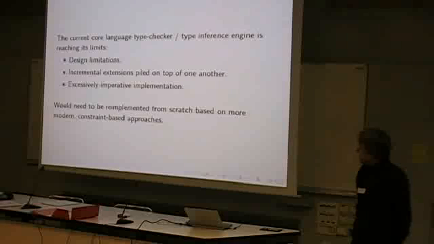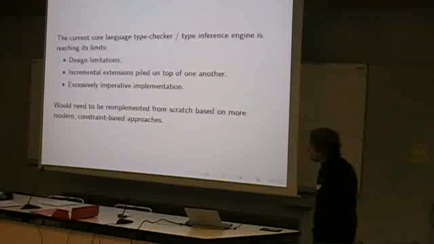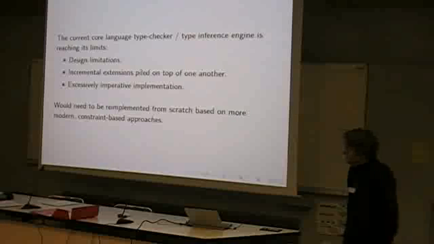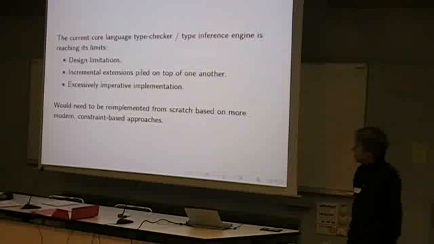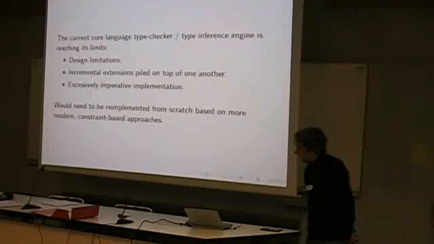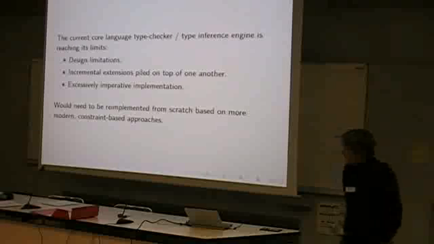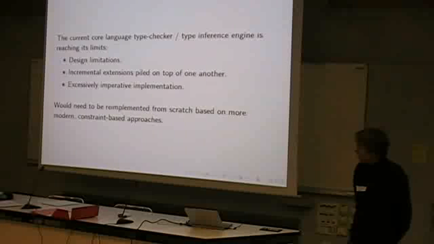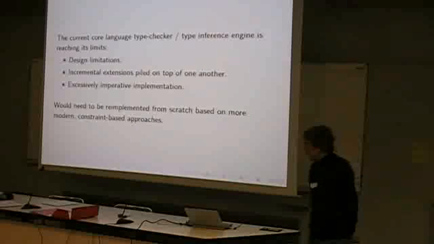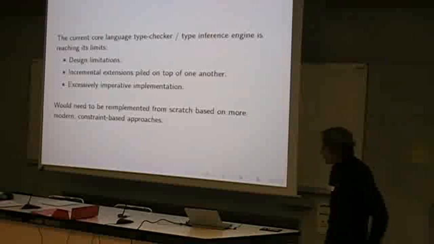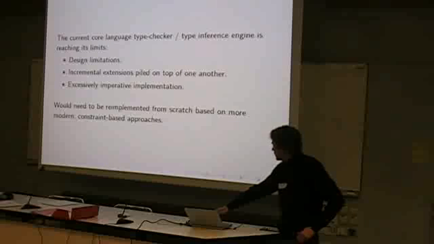So I believe that before doing any major extension to the type system, we would need to implement a type inference engine from scratch based on more modern approaches, such as constraint generation and solving. And that's a huge undertaking because there are maybe 2 or 3 people in the world who really master this technology, and I'm not one of them. François Pottier might have the knowledge.